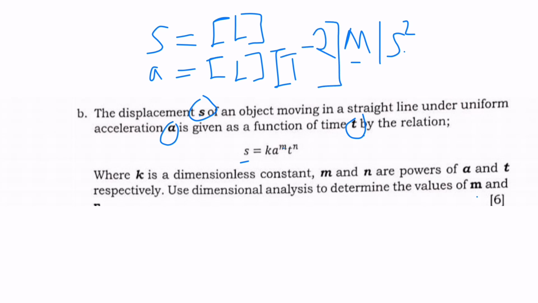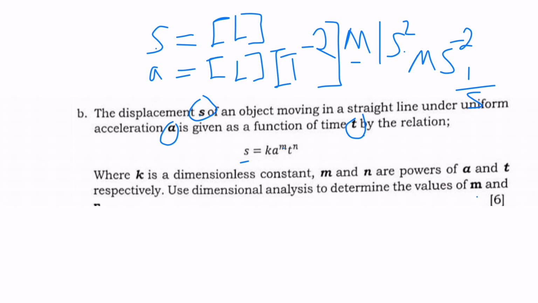That's what we write, because it is the same as m s to the power -2, and in indices which we learned, the negative power means 1 over s squared. So that is the dimension analysis for acceleration. You can watch our first video on dimension analysis. It has explained how you can put the units or the formulas into dimension analysis.